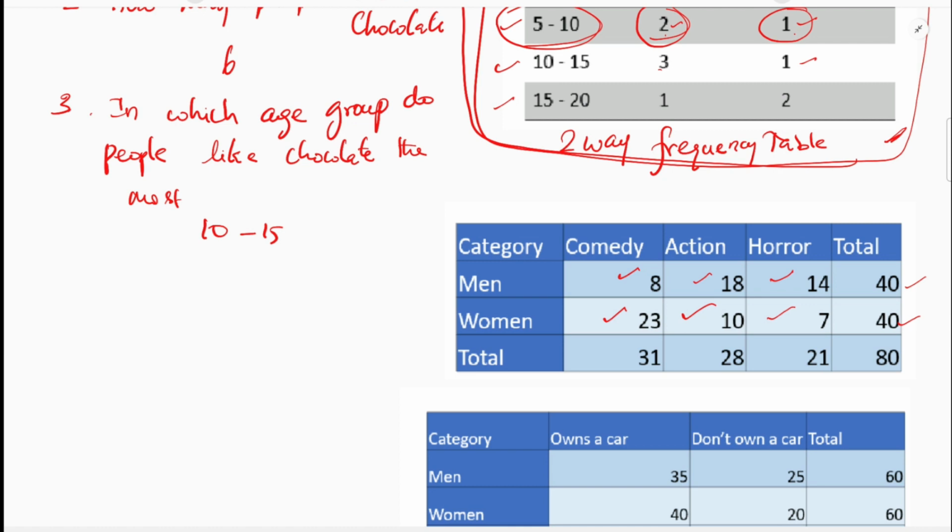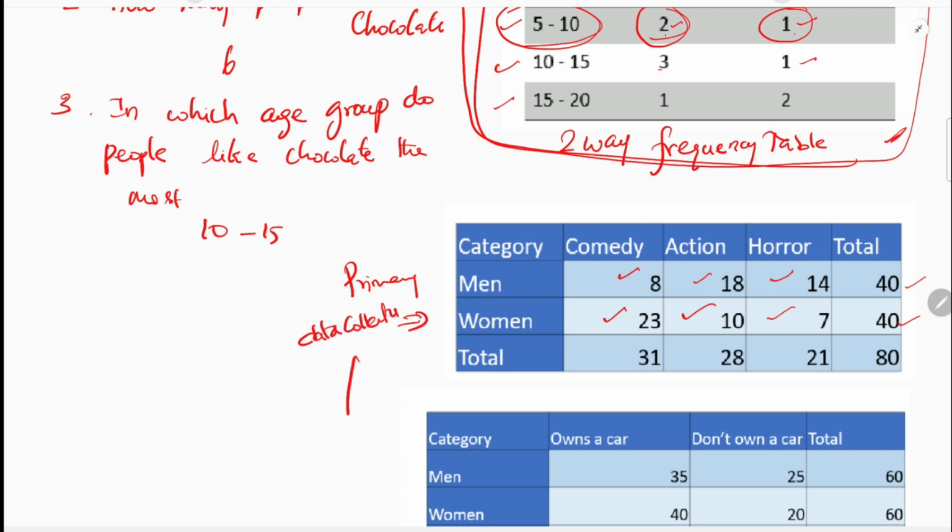Then the information collected is used to build this. This is the primary table, or primary data collection.